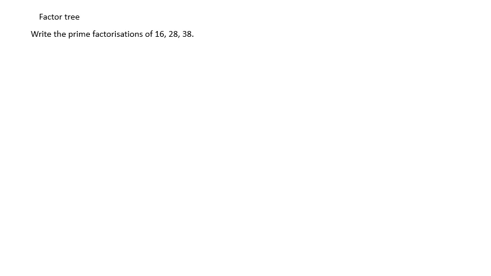Now the factor tree. How to make a factor tree is the question. Write the prime factorizations of 16, 28 and 38. So first I take 16. How to write the prime factors? That's the question. If I take 16 children, I can write it as factors. You know how to write. 2 is a factor. I've told you how to write it.